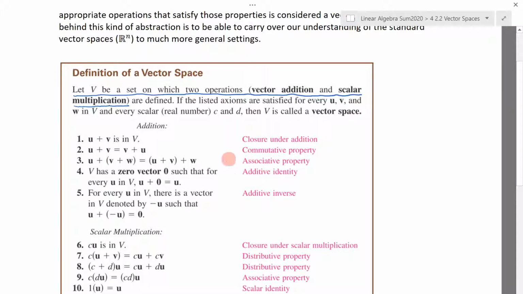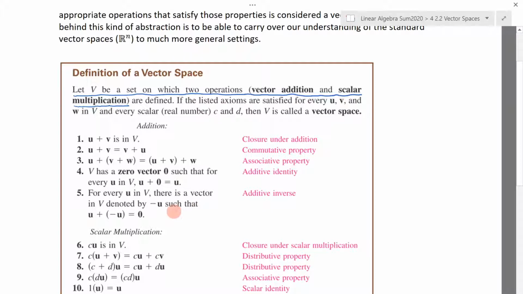The associative property carries this over to 3 or more vectors. The additive identity says that the vector space should have some kind of zero vector, where if you add it to any other vector, the vector stays the same.